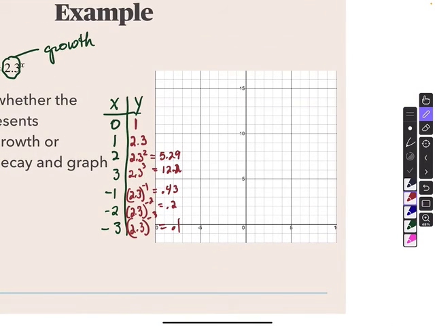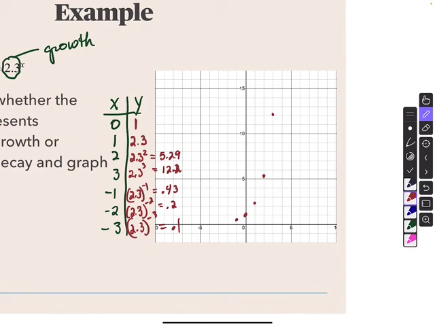So 0, 1, that's quick to graph. 1, 2.3, and you just ballpark where that's at. 2 is at 5 something, 5.2. 3 goes up to 12, and a little bit past 12. There we go. On the left-hand side, we go negative 1 is just a little bit lower than half.